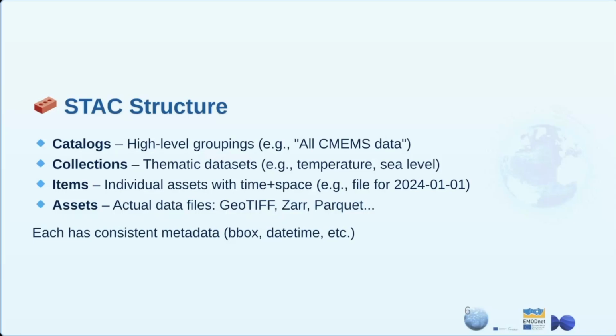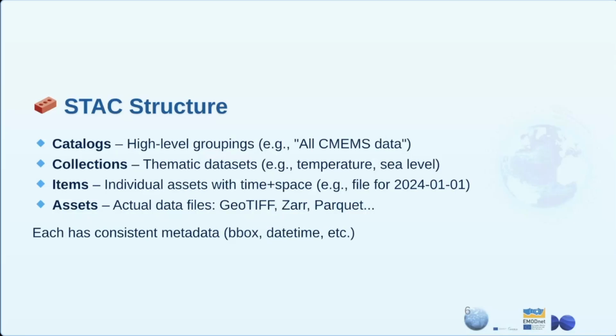The way that the EDITO stack is organized is that what we want to use for collections are standardized parameters, so that a user can look for dissolved oxygen measured in this way, and that's the standardized parameter they can look for. This is, of course, a tricky business, finding standardized terms for everything, but this is the idea behind it.